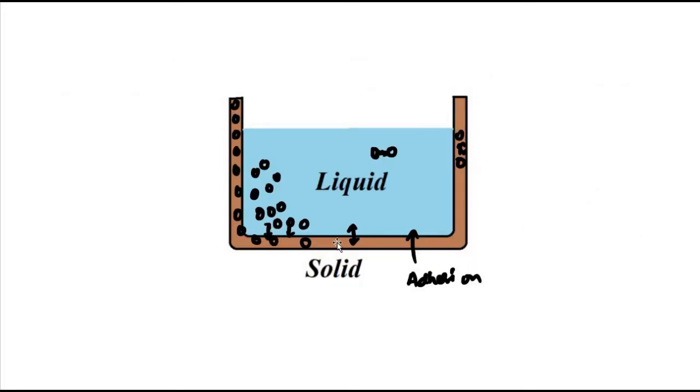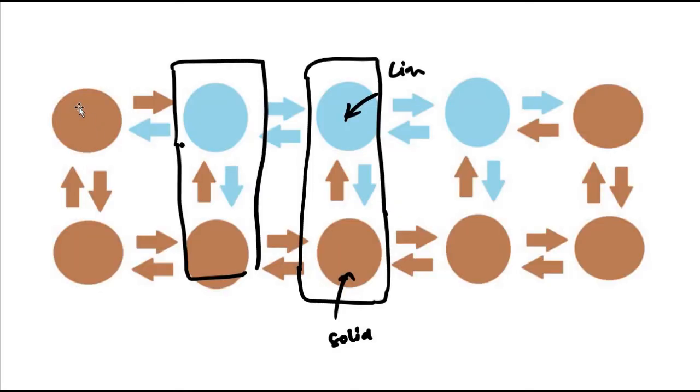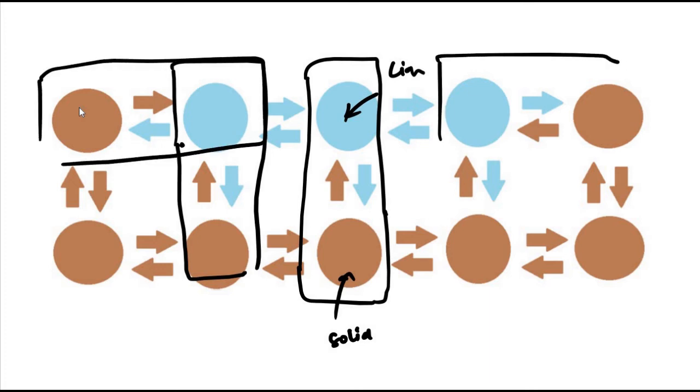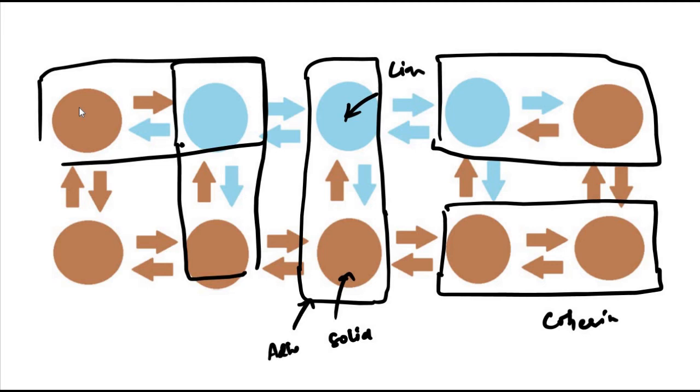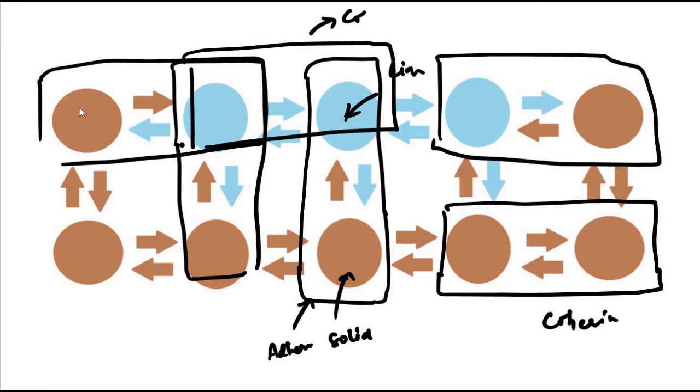See, this surface and the sides, and these are the cohesive forces. This is between the neighboring solid molecules, this is cohesive, this is adhesive, and this one also is cohesive between the two liquid molecules.